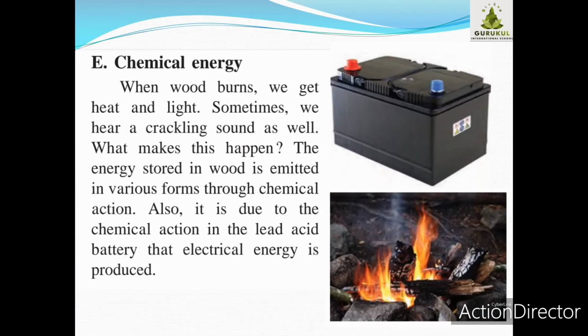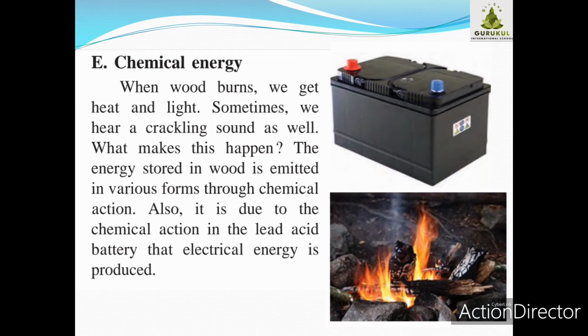The next type of energy is chemical energy. When wood burns, we get heat and light. Children, even sometimes you observe that when there is a fire going on the grasslands, you must have heard the crackling sounds, right? And the smoke is also there, right?